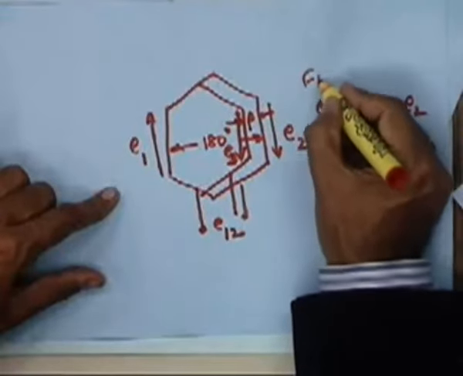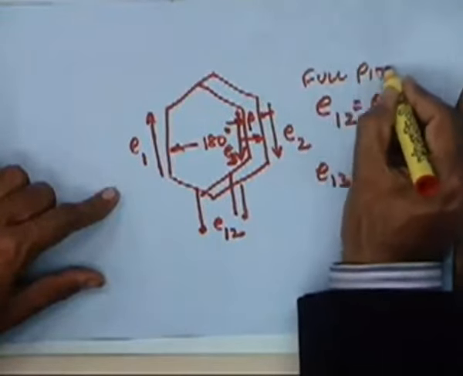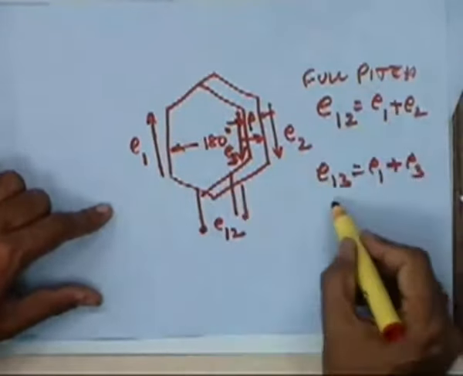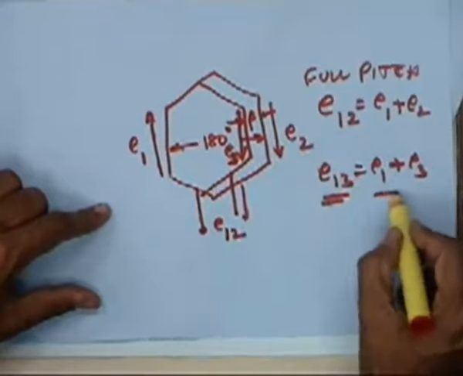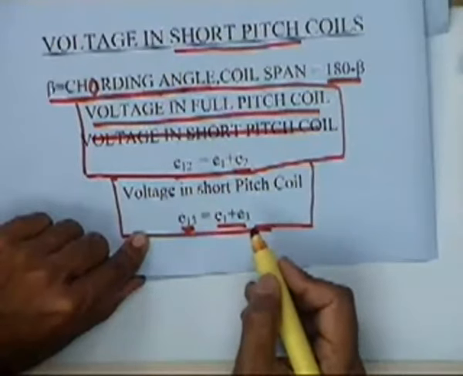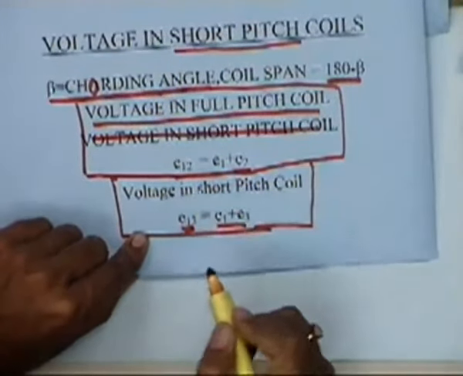So as we have seen in the earlier figure, we get the two scenarios. That means E1 plus E2 is full pitch and E1 plus E3 is short pitch. E13 is due to short pitch, E12 is for full pitch.